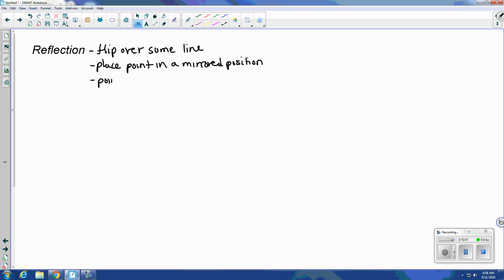So points, we'll actually star this. Points should be equidistant from the line of reflection. So our before and after points should be equidistant from that line of reflection.